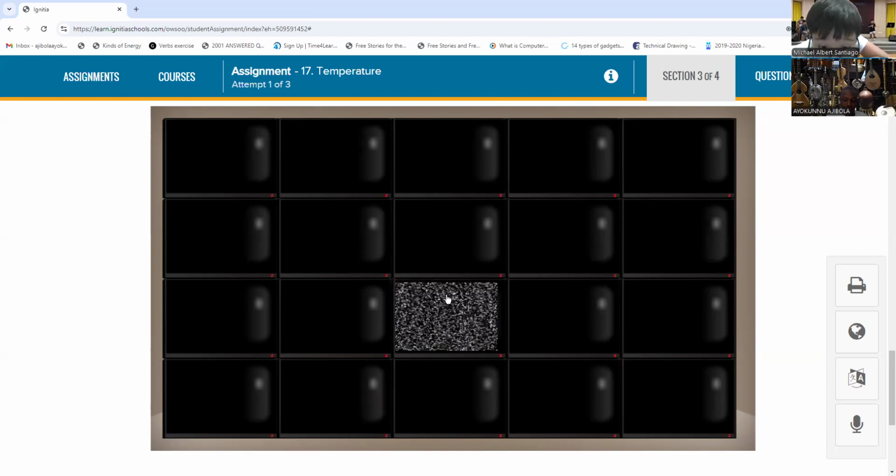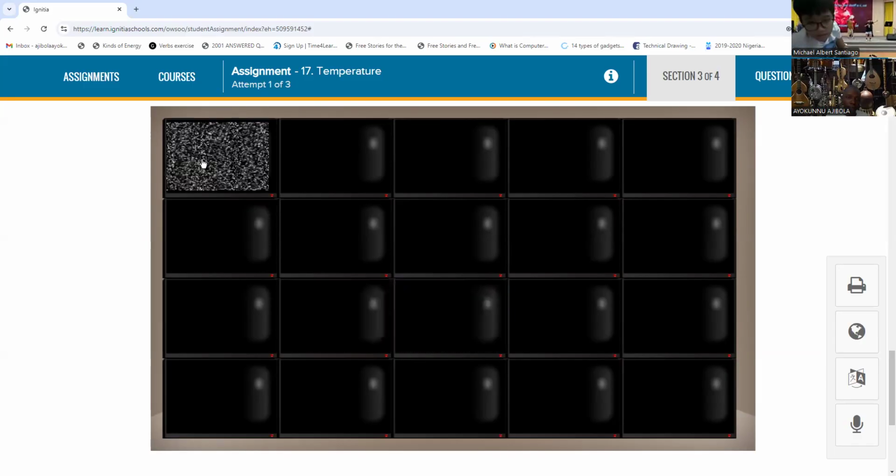We subtract 32 from it to give us 66.6. Then we multiply by 0.5556. This will give us approximately 37 degrees. So we've not seen anyone like that, so we can continue.